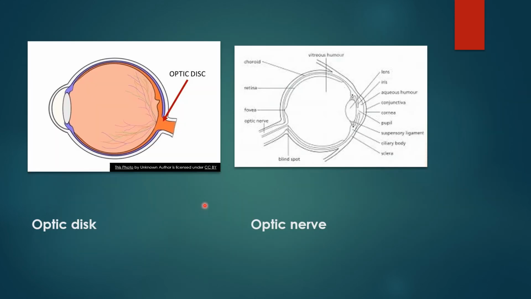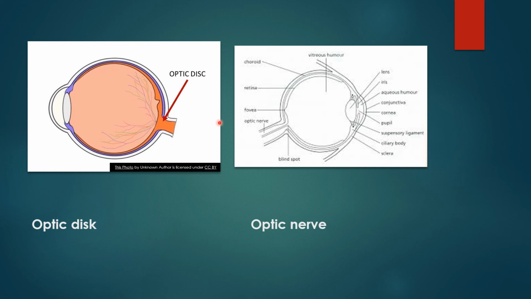So this is the area of the optic disc and the optic nerve. The optic nerve is a bundle of fibers that are a gathering point for the ganglion cell axons that carry vision-related impulses from the retina to the brain.